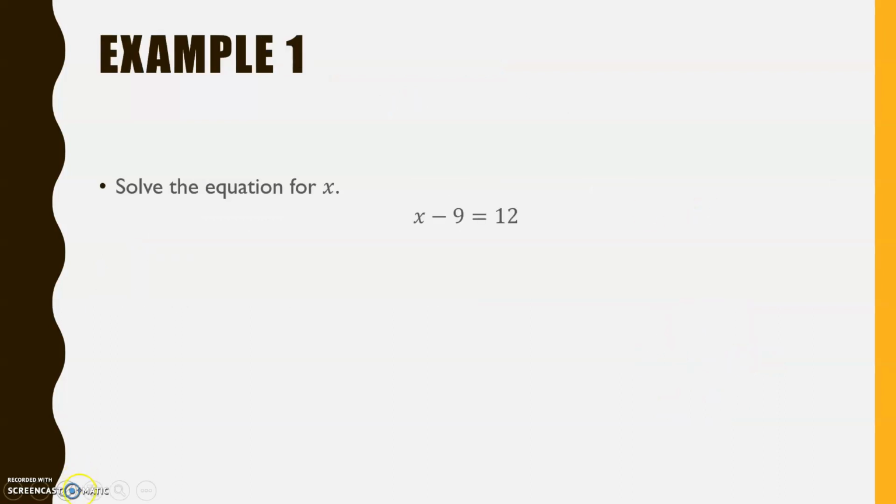So, we are given an equation to solve, and we want to find what is the value of x. So the first thing that I'm always going to do is draw a line straight down through the equal sign, and this shows me the division between my two sides. I have my left side, and I have my right side. So I'm trying to get x by itself.